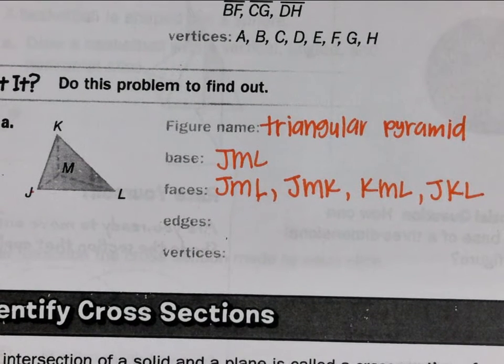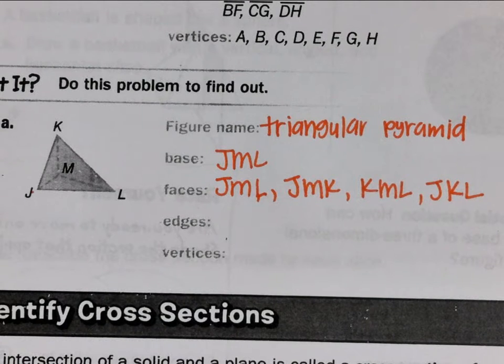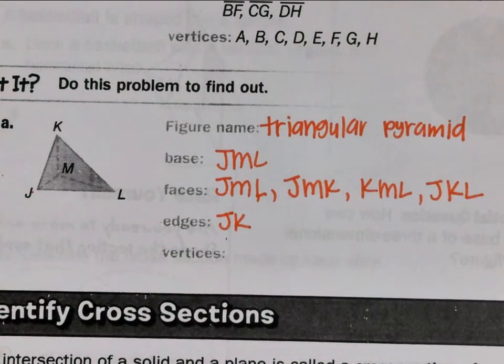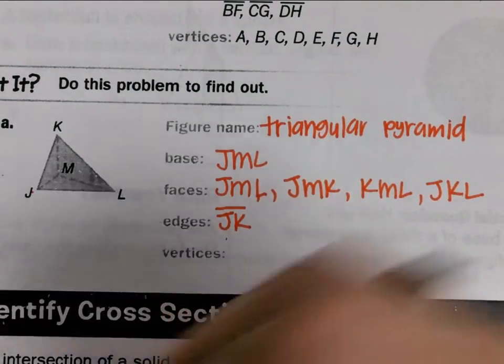All right, what about my edges? Somebody tell me what one edge is. Cool. JK. What do I have to put on top of them? The line. I have to put that line to tell me that it's line segment JK.